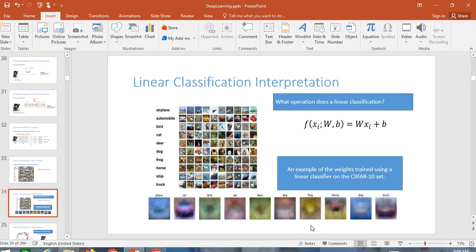In this way, we calculate the similarity of the input with the first class by multiplying the input vector by the first weight vector, actually the first class.